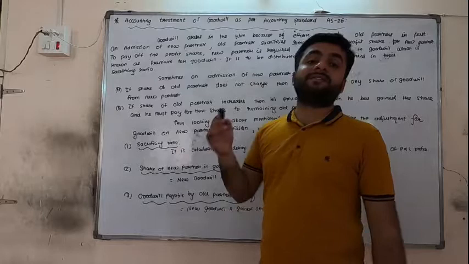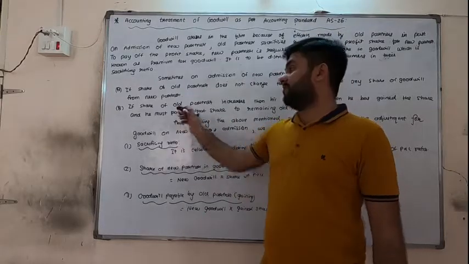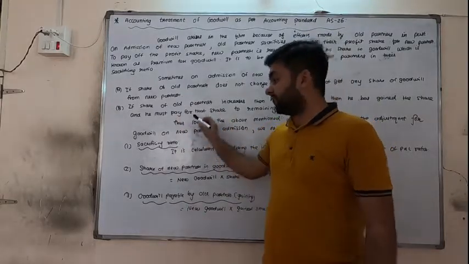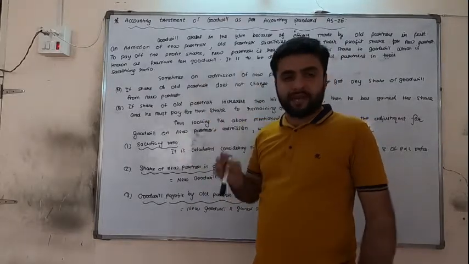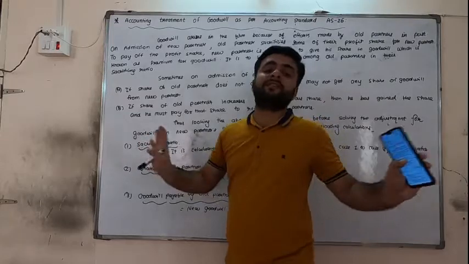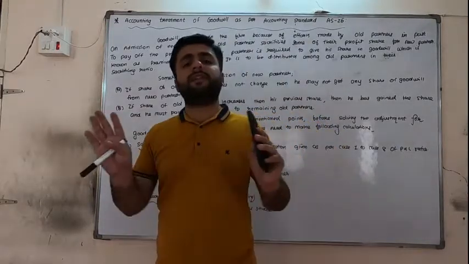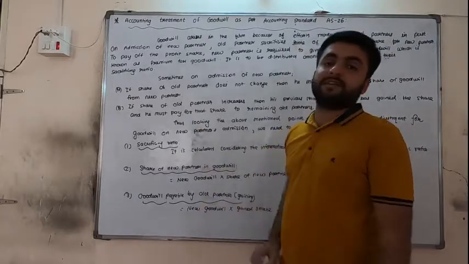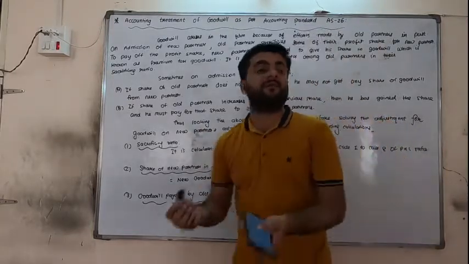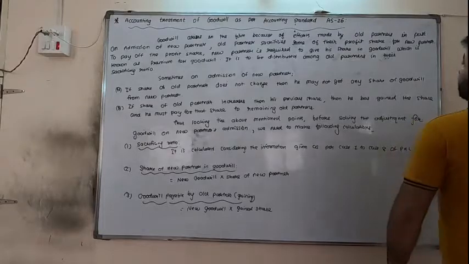If some old partner is not sacrificing but gaining, we have learned that too. Calculation of goodwill is always done before making the journal entry, and that also we have seen. Now we are seeing the journal entry format.